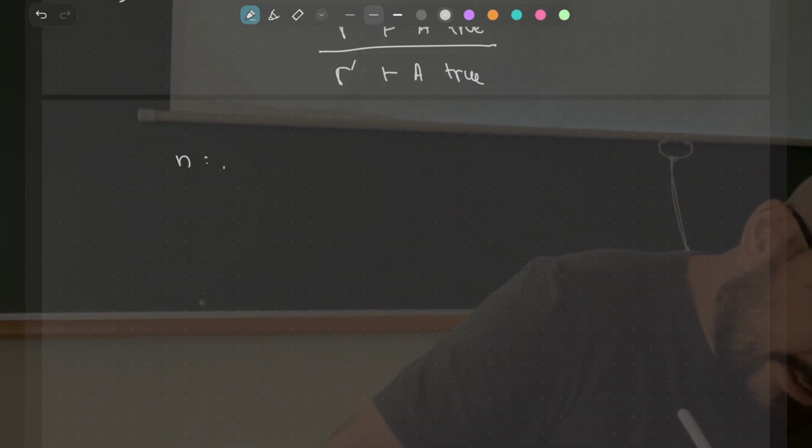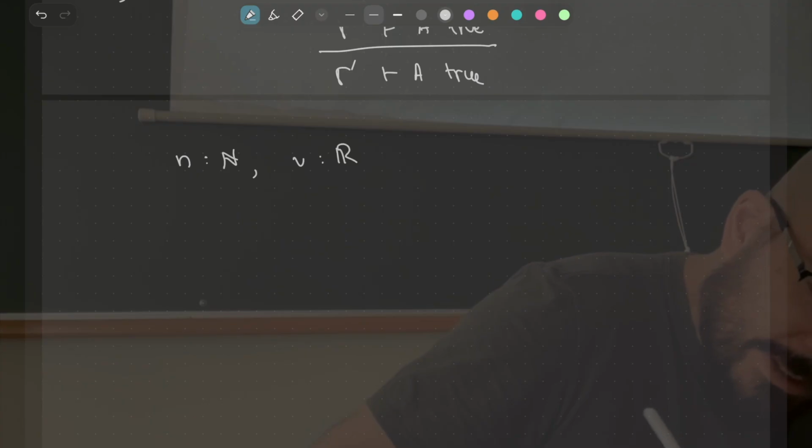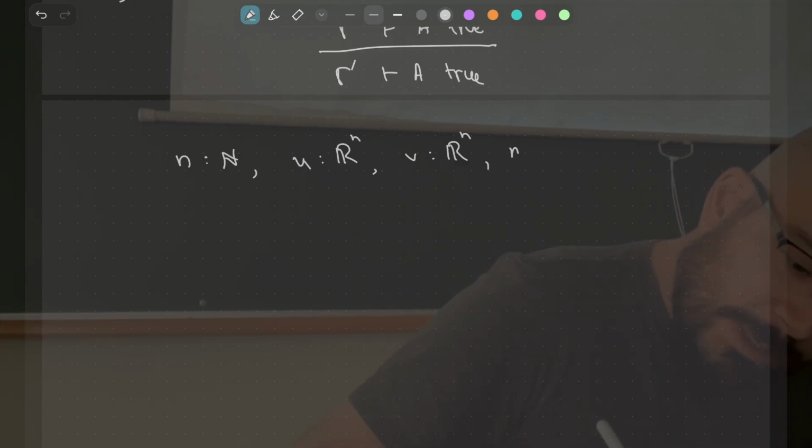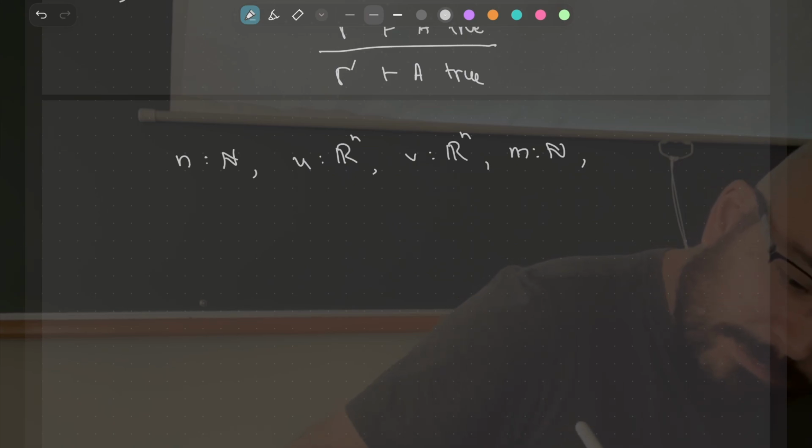When I write this context here, let's say I have a vector inside this space and another vector in the same space maybe, and I have another natural number, and then some matrix, T, in this space.